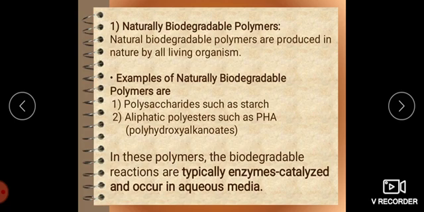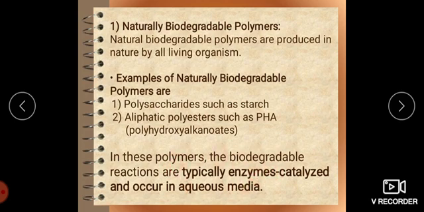Polysaccharides such as starch are the most common naturally biodegradable polymers found in nature. Second example, aliphatic polyester polyhydroxyalkanoates, is also a family of easily biodegradable polymers found in nature. In these polymers, the biodegradation reactions are typically enzyme catalyzed and occur in aqueous medium.